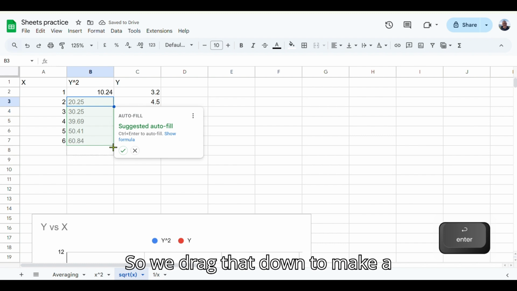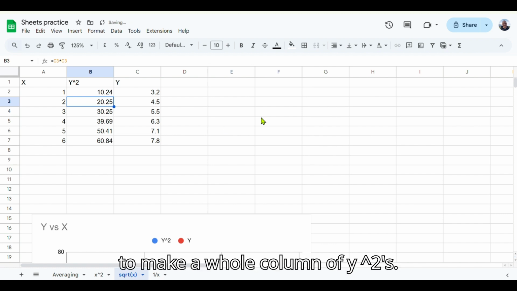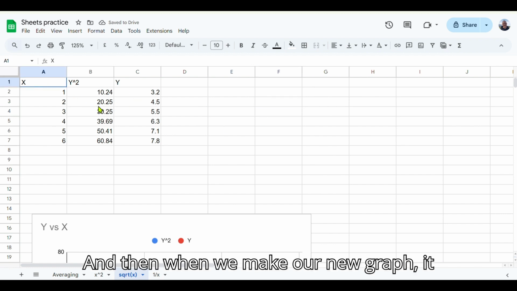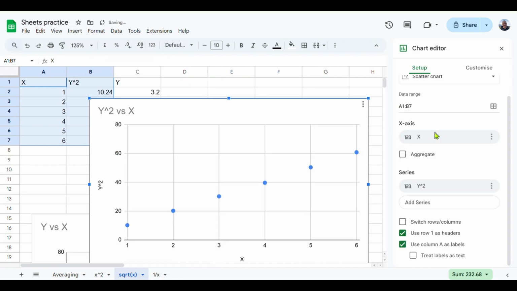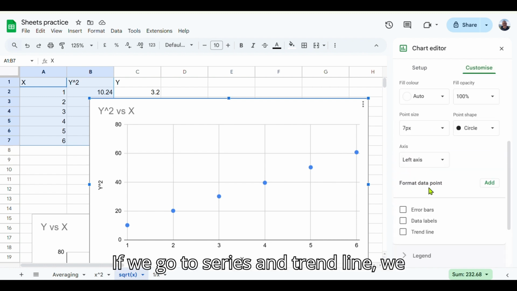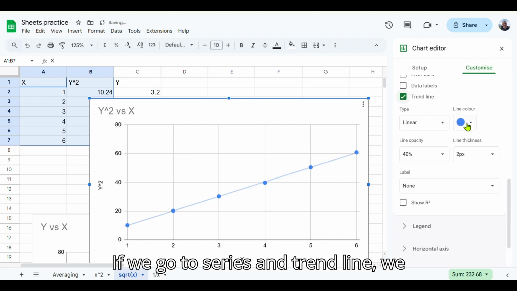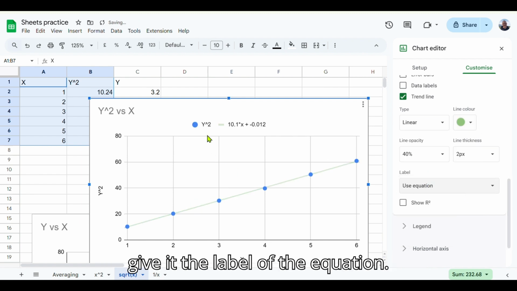So we drag that down to make a whole column of y squareds, and then when we make our new graph, it will be x versus y squared. And it should be straight this time. If we go to series and trend line, we should see a linear relationship, and we give it the label of the equation.